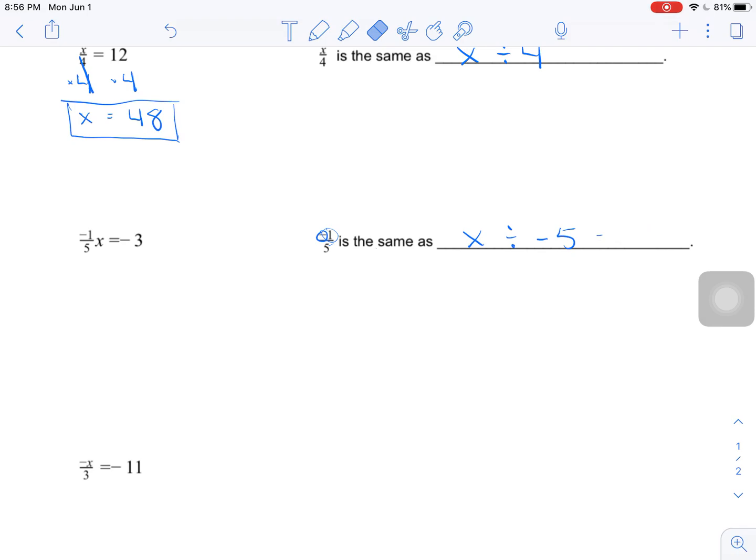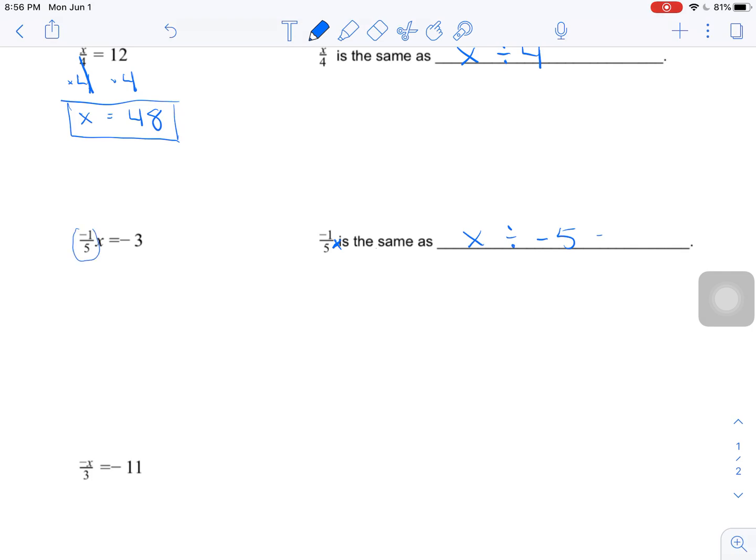But yeah, so negative 1/5, and I just realized that our x went missing from this. You could squeeze it in. Negative 1/5 x and squeeze it in right there. It's the same as x divided by negative 5. So multiplying by 1/5 is the same as dividing by 5. And in this case, it's a negative, so we just keep the negative there. So I'm going to take this problem and I'm actually going to rewrite that.